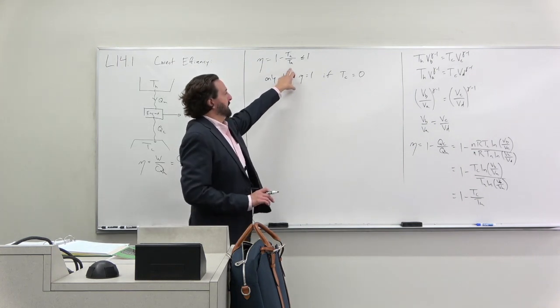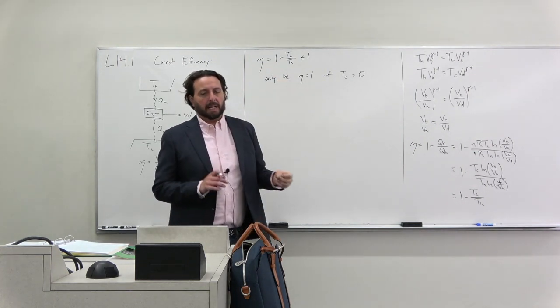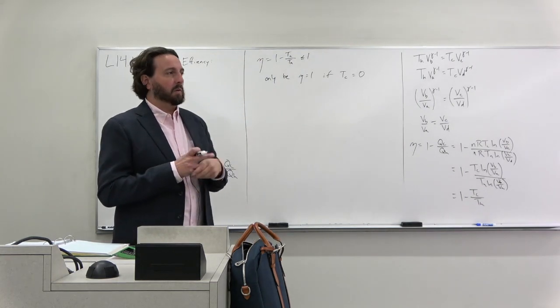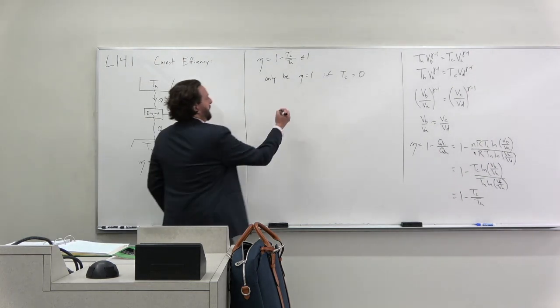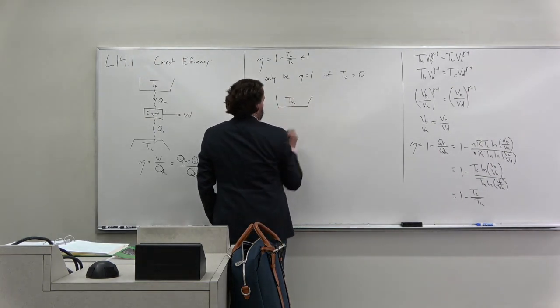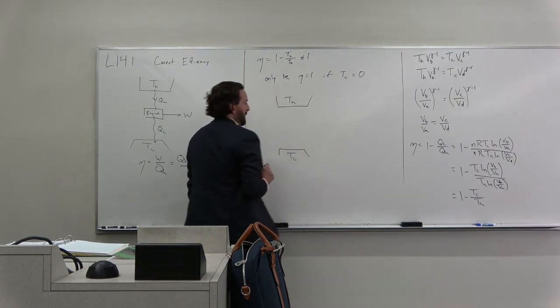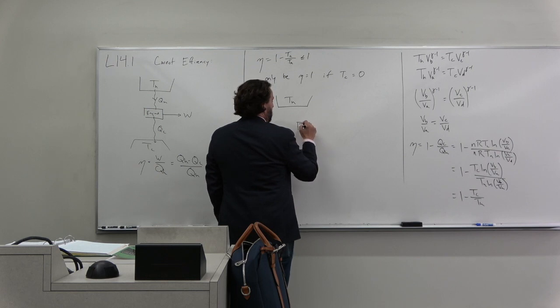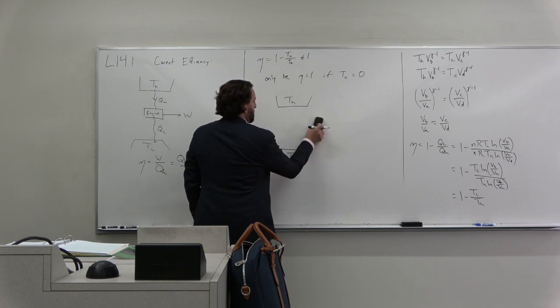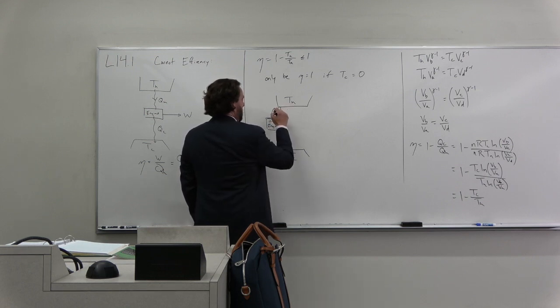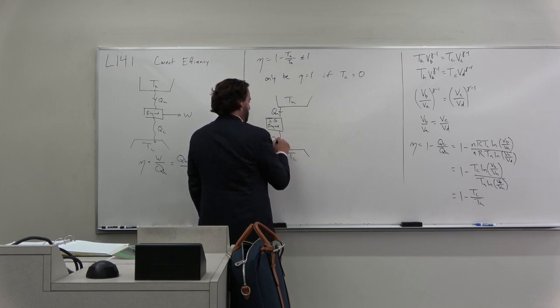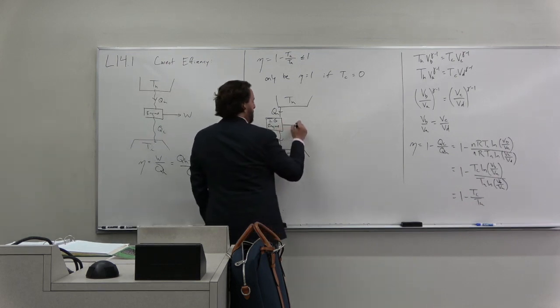Imagine I had a thermal reservoir and another thermal reservoir, and I had an ideal gas engine. So my heat flows, this is Q_H, and this is Q_C, and I output some work.